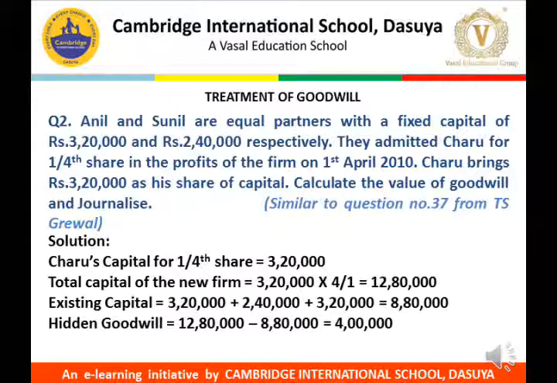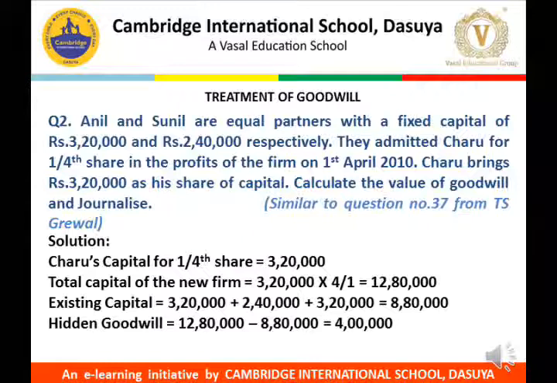They admitted Charu for 1 by 4th share in the profits of the firm on 1st April 2010. Charu brings rupees 3,20,000 as his share of capital. Calculate the value of goodwill and journalize.